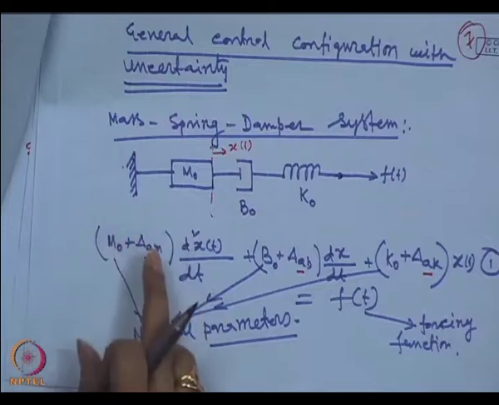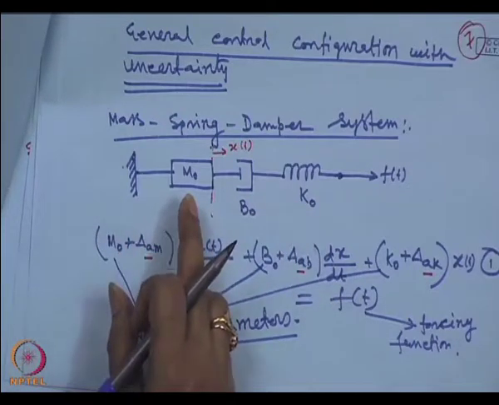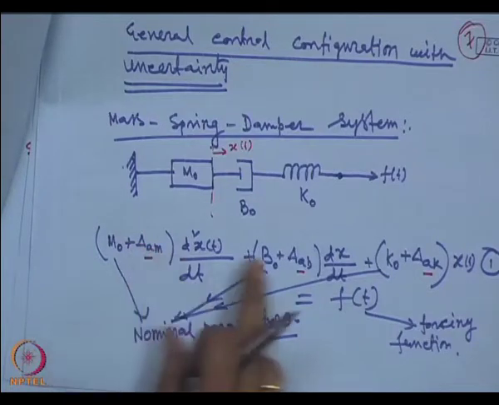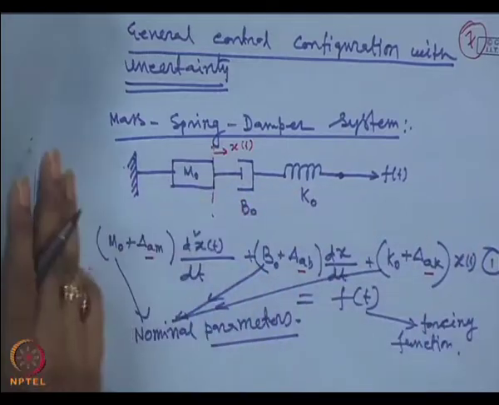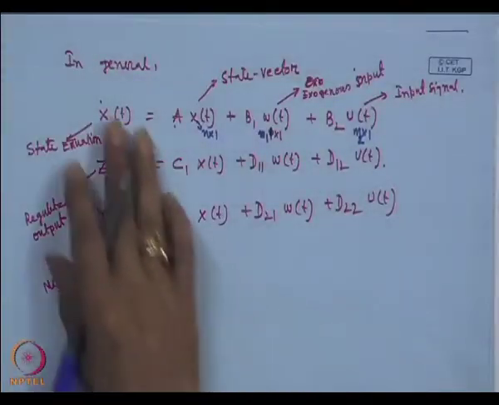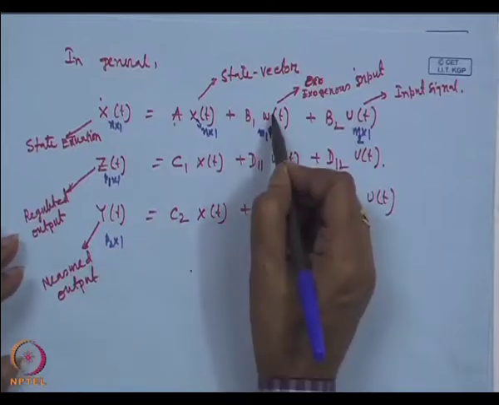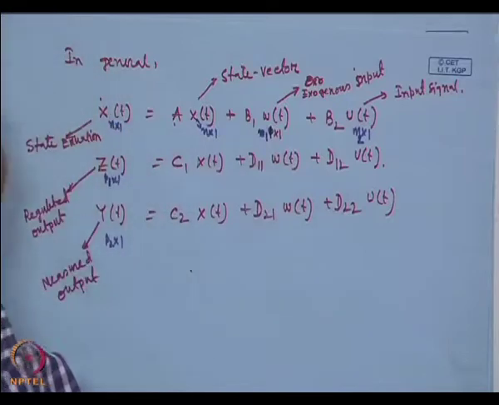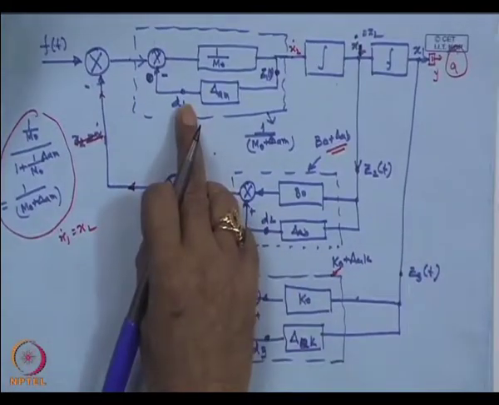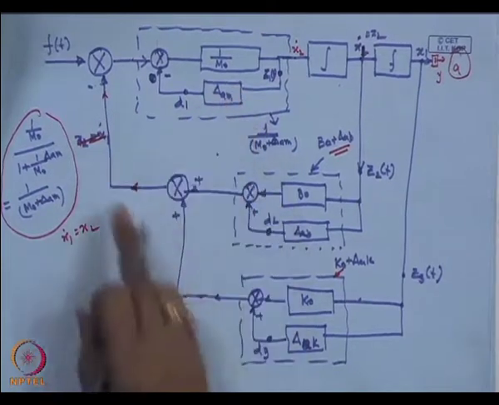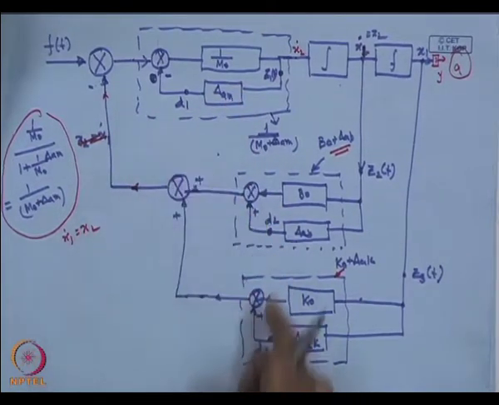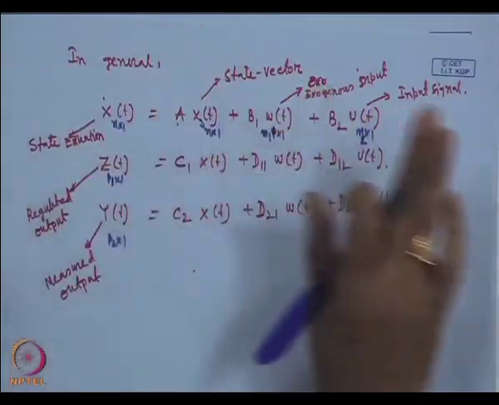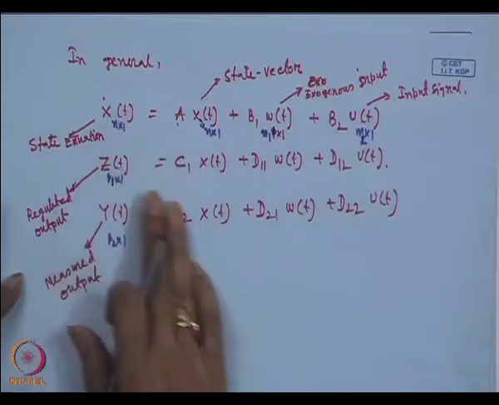Since there is a discrepancy between the actual plant and the plant model, this discrepancy is compensated by the additive perturbation model, and that system we can represent in this structure form, where w is D1, D2, D3, the output of the perturbation model. So, in general any physical system can be expressed in this form.